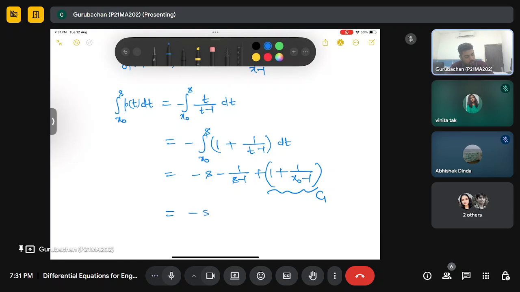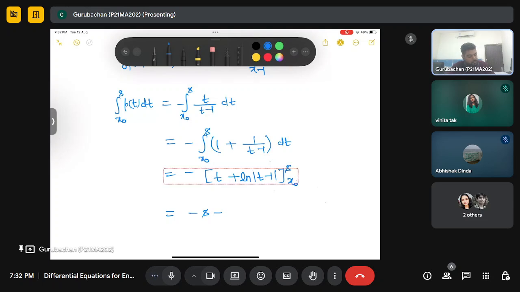We will treat this as some constant c1. The second term, e to the power ln, of x naught to s, so s minus ln(s minus 1) with the positive sign, plus x naught plus ln x naught is some constant c1.